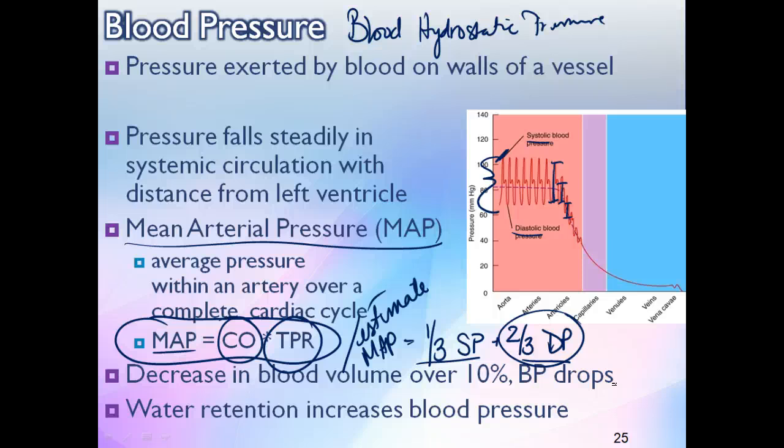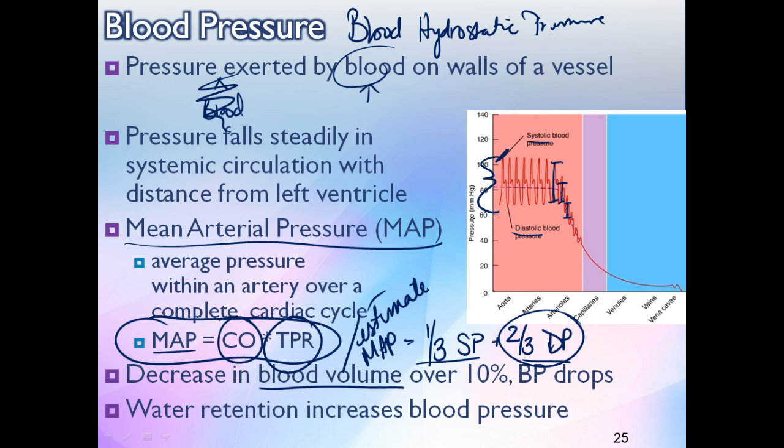Now, pressure itself is intimately linked to blood volume. Because remember, the pressure is the blood exerting against the walls of the vessel. If we all of a sudden get rid of some of the blood, well, there's less stuff to exert against the vessel wall.